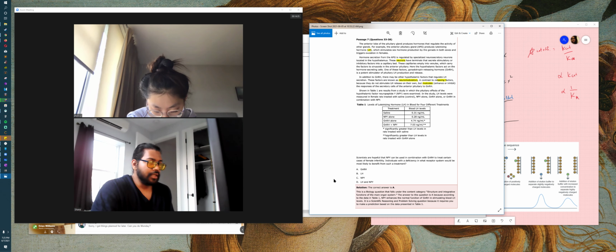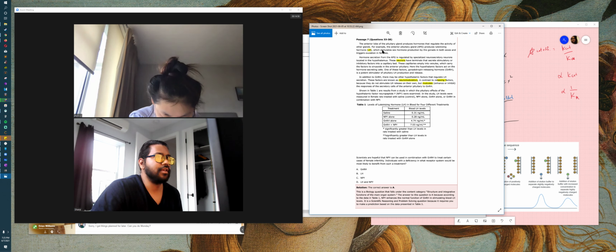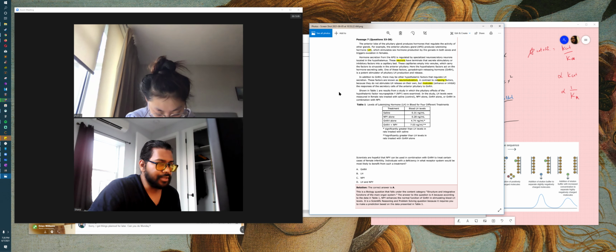Okay. So it's not going to be NPY or LH and NPY, because those things... let's see. LH levels, and let me connect that to infertility or fertility. So, a deficiency in what receptor system would likely benefit from such a treatment?